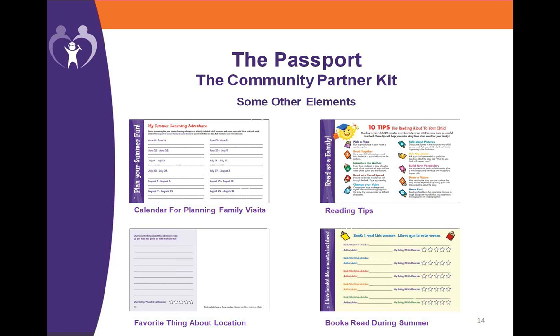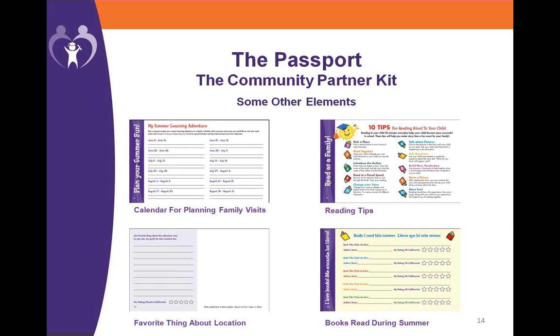All right, so I also wanted to give you an idea of some other parts of the passport, and certainly when you get the passport, you can rifle through it and read this information for yourself. We decided to create a calendar for families to plan their visits too. In the upper left part of the screen, you'll see a page that says My Summer Learning Adventure at the top. Families can determine which weeks in June, July, and August they want to visit different locations, and they can map it out this way.